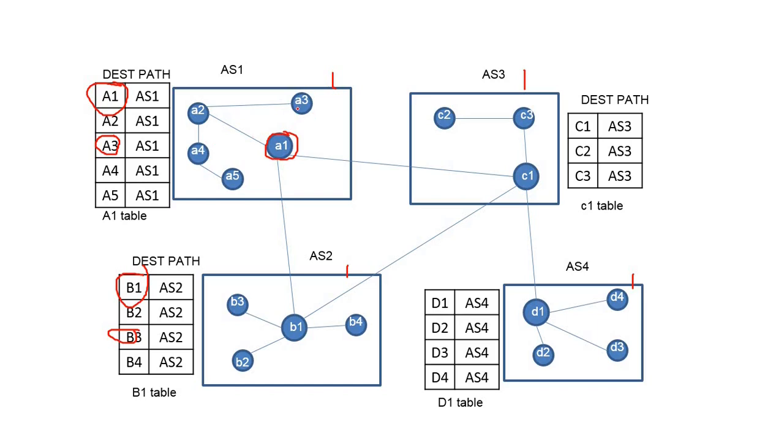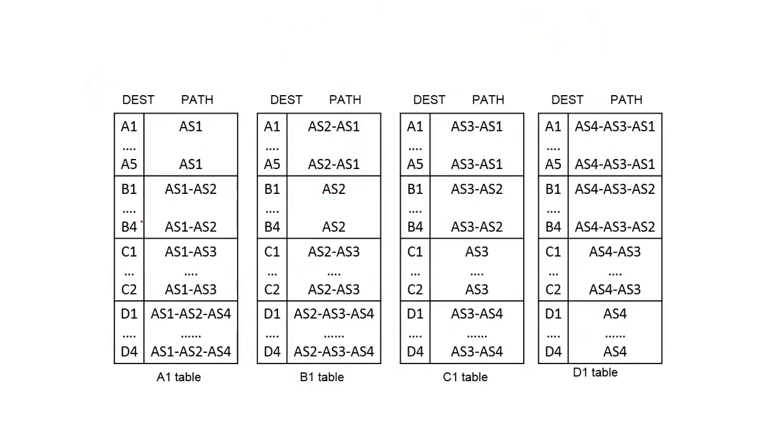So A3 will reach up to A1, then after A1 to AS1, AS1 to AS2, AS2 to B1 and B1 to B3. So that is the actual path. Get it? Same thing, we can calculate this type of path for all of the nodes. So that is path vector routing.